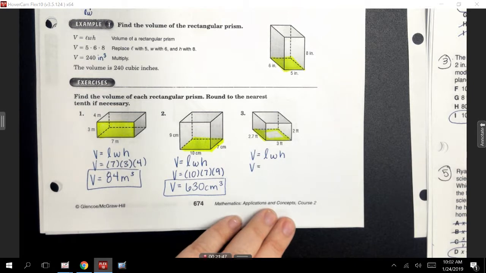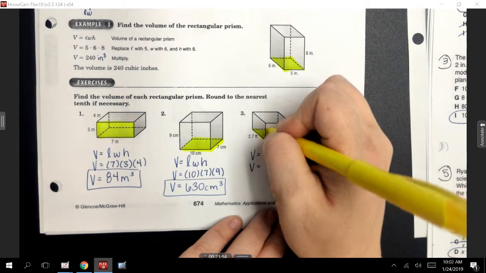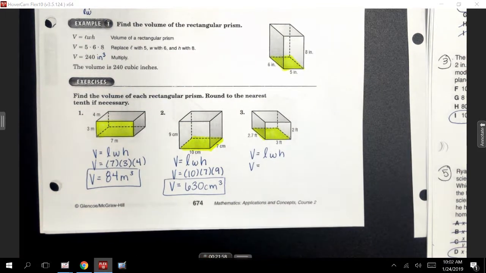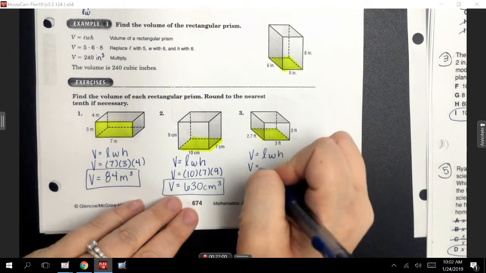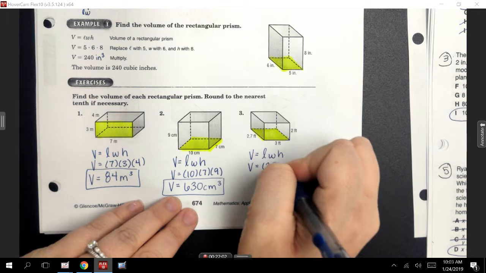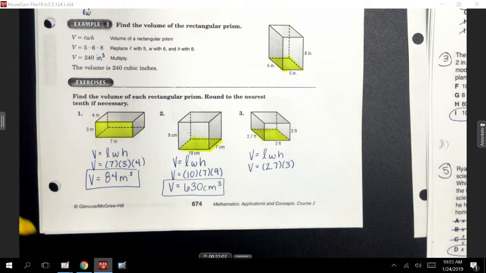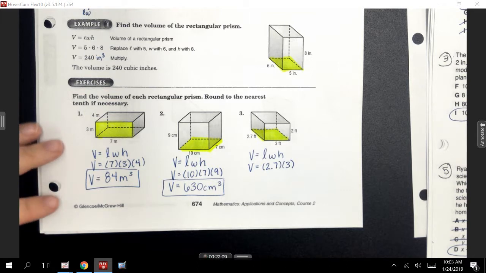The bottom, the top, the side? The bottom is my base. Do y'all agree with that? The 2 and the 3 are attached to the bottom. Are we okay with that? So my length and width are the 2.7 and the 3. Okay. What is my height going to be?